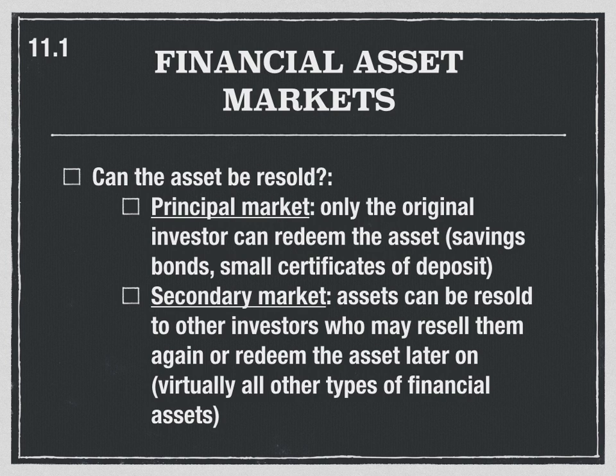All right, so principal markets are where the original investor only can redeem the asset when it's mature. Secondary market is where the assets can be resold to other investors who may resell them still to somebody else, or they may hold on to them until they mature and they can redeem them for their value later on. And almost all the other types of financial assets fall into secondary market.